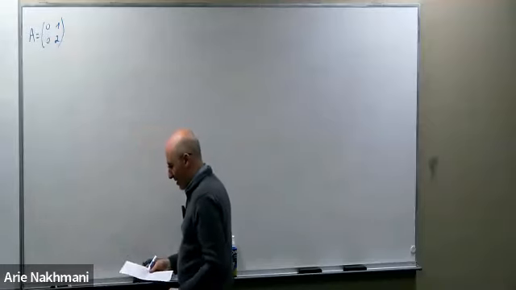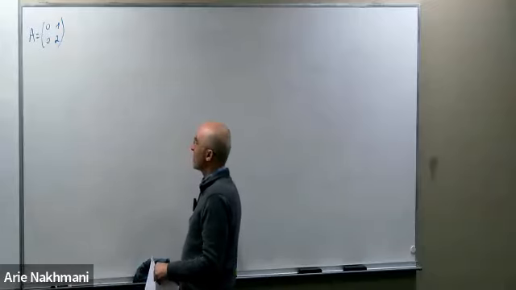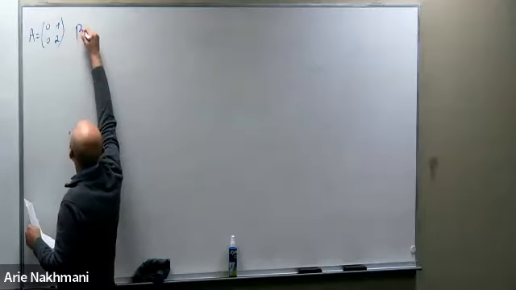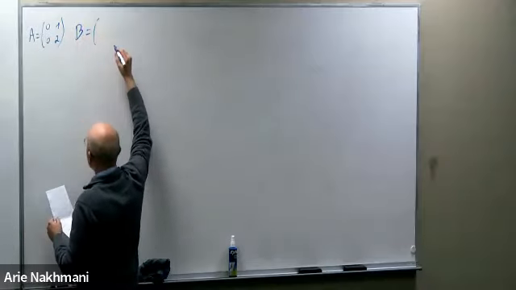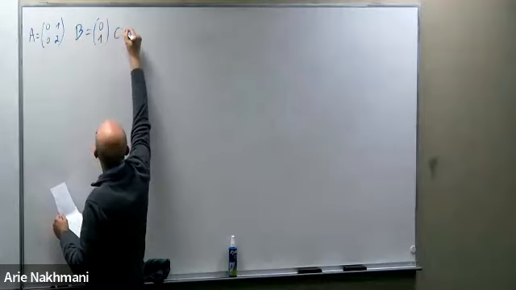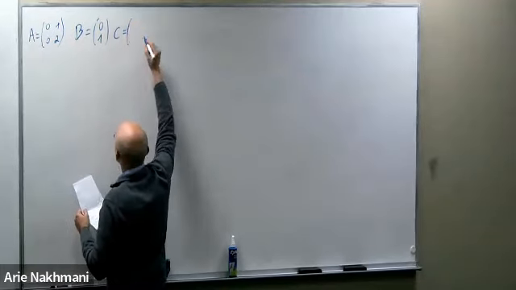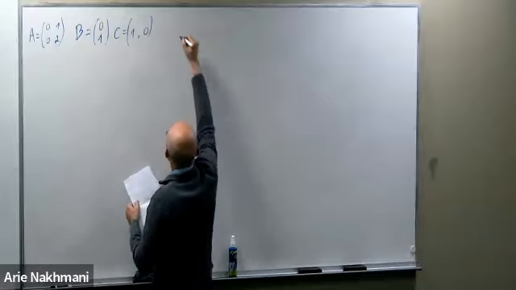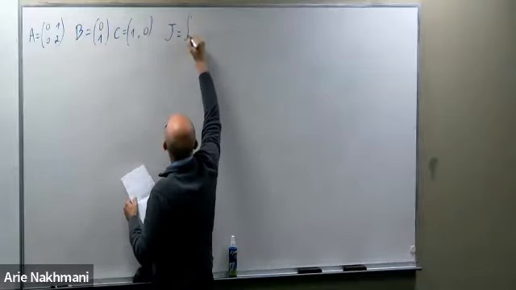Okay, so another exercise, a little bit more complex in terms of the J function. We have the same type of system, matrices A, B, C: B is 0, 1, matrix C is 1, 0, and J is like that.